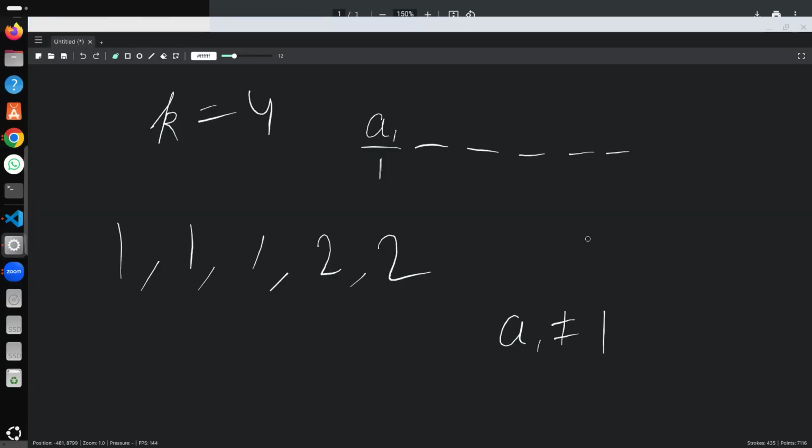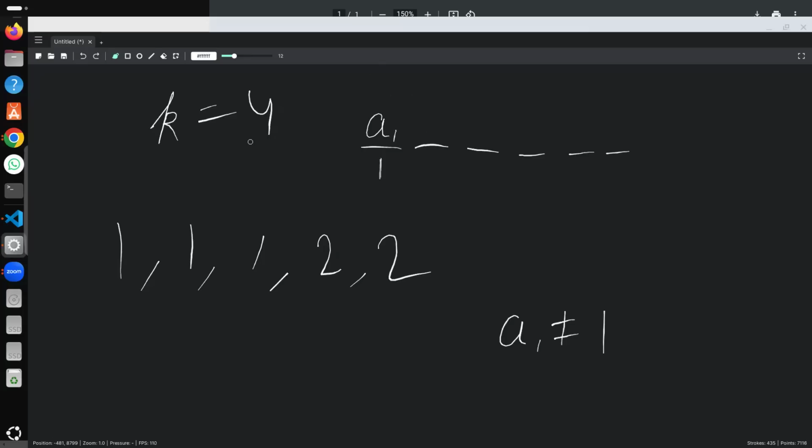So if we can make this element not equal to 1, then we'll actually do that. We'll put something else right here, and then the cost would be 1. Otherwise, the cost will be greater than 1, because it is the first index that is not equal to the element.